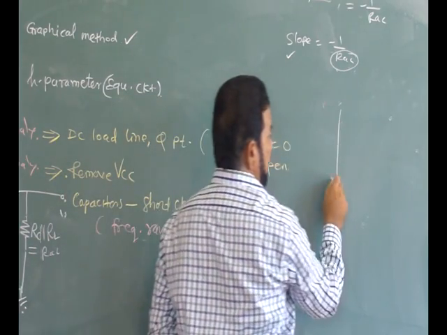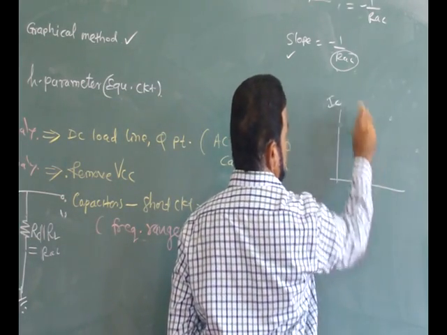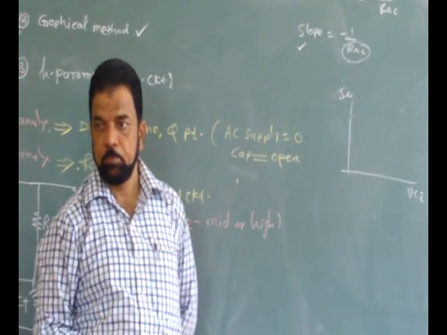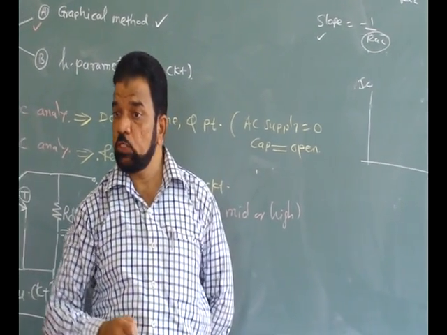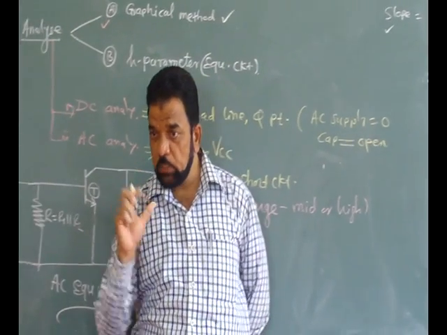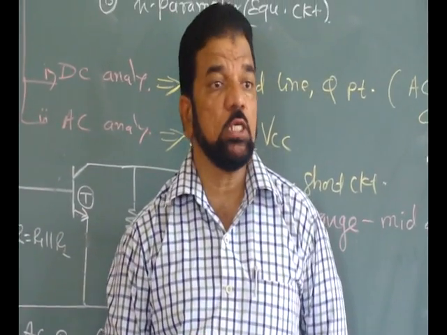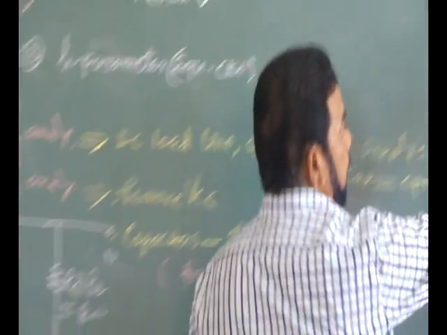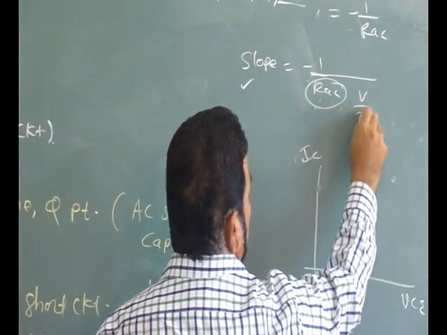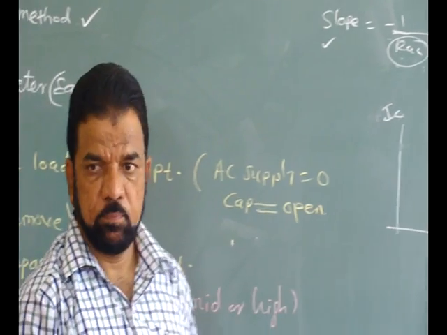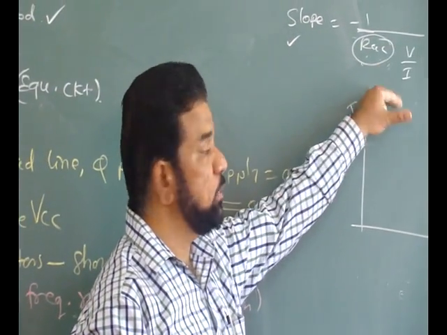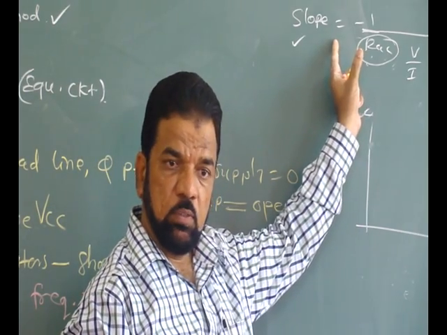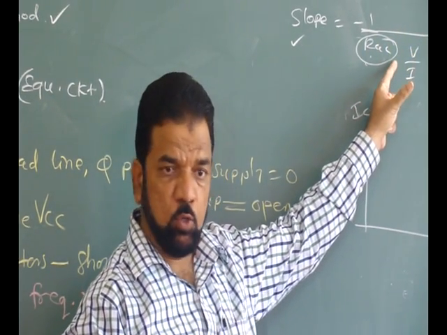So you have the axes, say the IC axis and VC axis. Which question have I raised? If the slope is given, can you plot a line? The answer is yes, because this RAC is nothing but V by I. What the slope is, that is nothing but I by V. So the slope is known, and I and V are unknown.